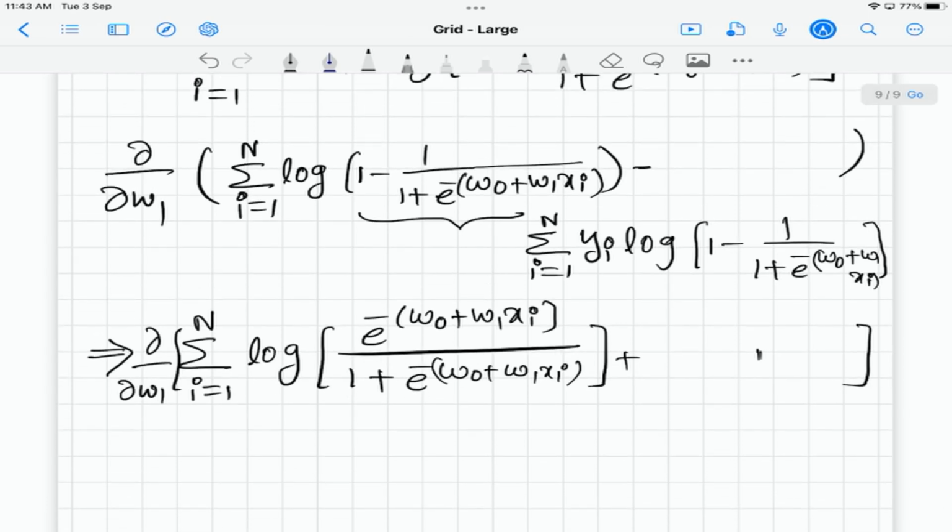Do you want to do it now or? Okay, you can do one thing. You can take this as your take home and do the derivative. It is very simple. You just have to take your derivative inside and do the derivative.